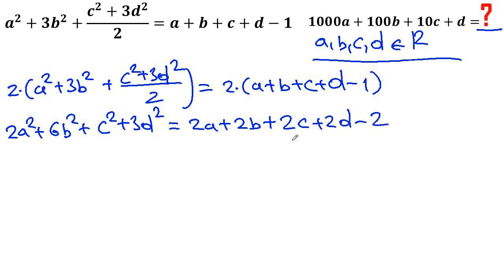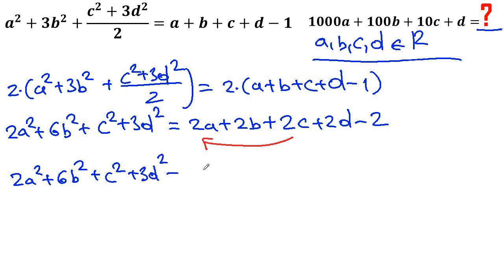Now let me move all the terms to the left hand side. Then I will get 2a squared plus 6b squared plus c squared plus 3d squared minus 2a minus 2b minus 2c minus 2d plus 2 is equal to 0. So now let me group the last equation as follows.